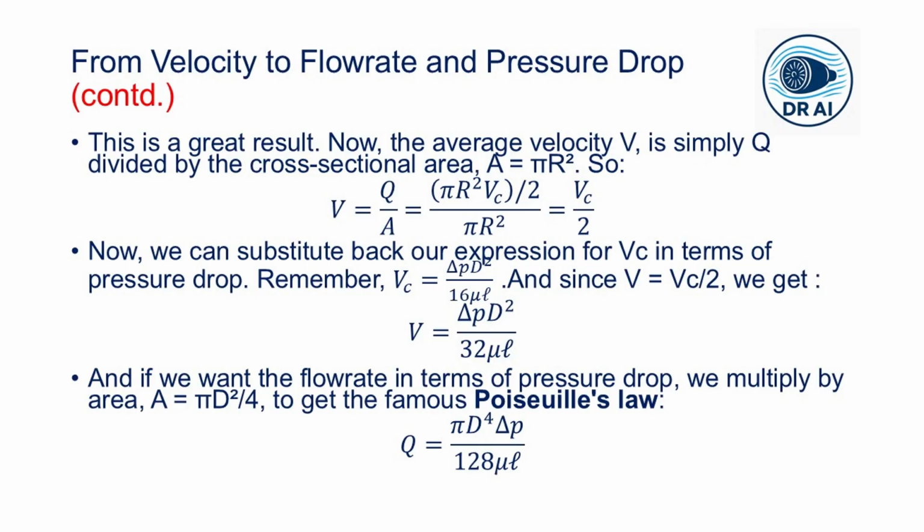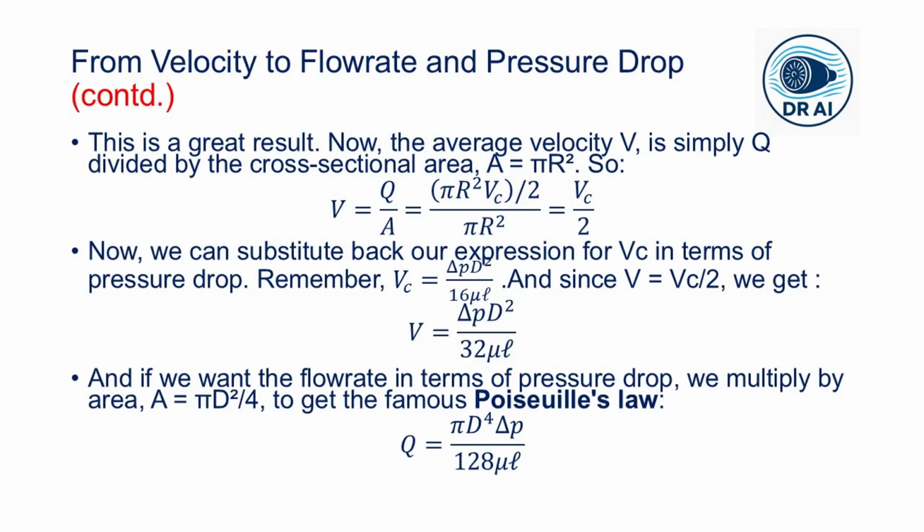Now, we can substitute back our expression for Vc in terms of the pressure drop. Remember from the previous derivation that Vc is equal to delta P d squared over 16 mu L. So we get the average velocity in final form as delta P d squared over 32 mu L. And if we want the flow rate in terms of the pressure drop, we can multiply it by the area.